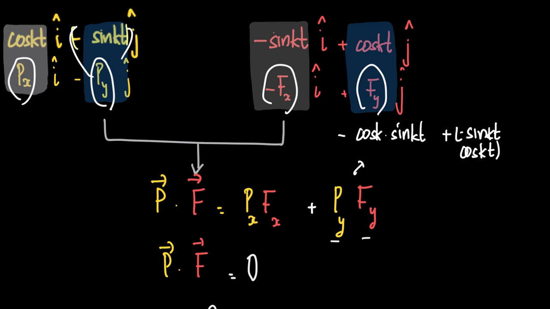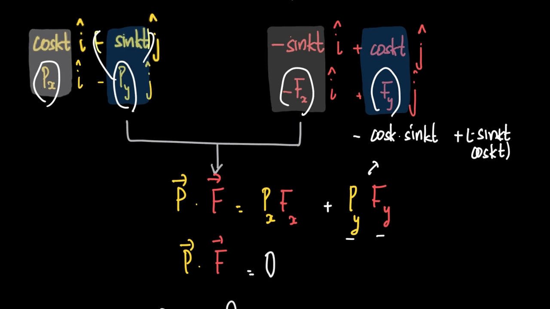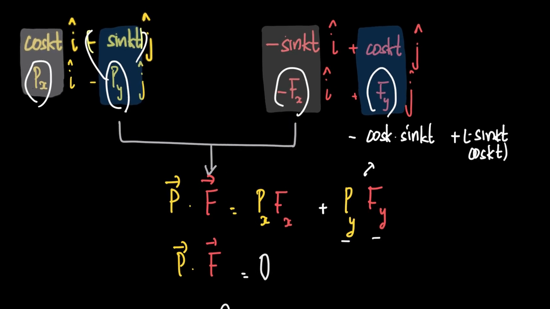Did I make a mistake here? Oh yeah, fx is sin kt and not minus. So minus times minus is plus. Yeah. So we have cos kt sin kt minus sin kt cos kt, which is equal to 0.